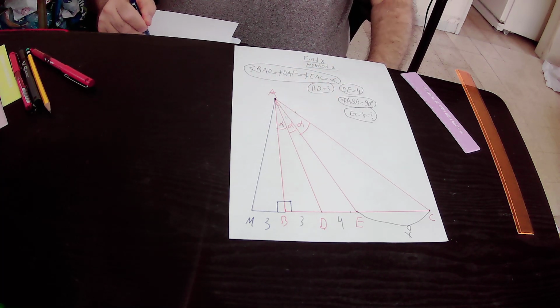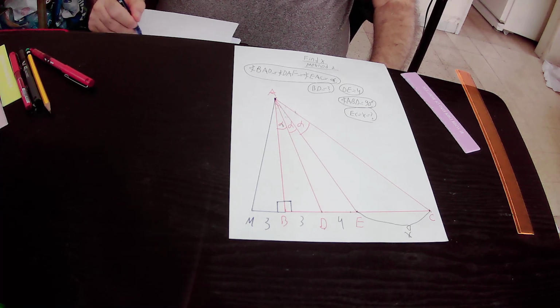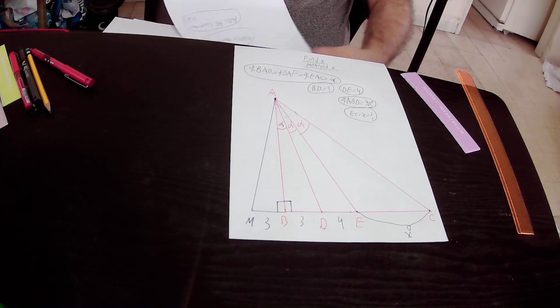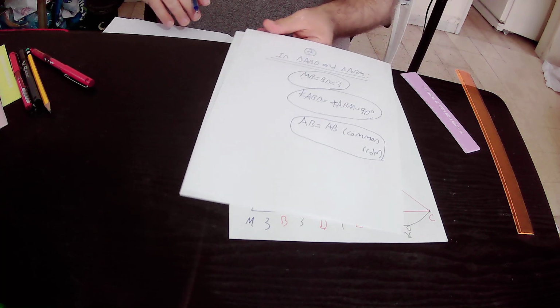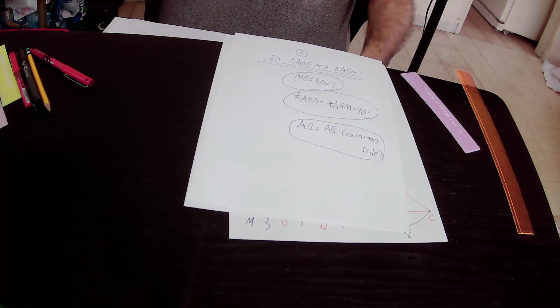So AB equals AB, it is a common side, it belongs to both triangles.